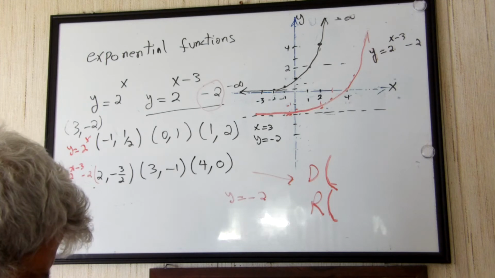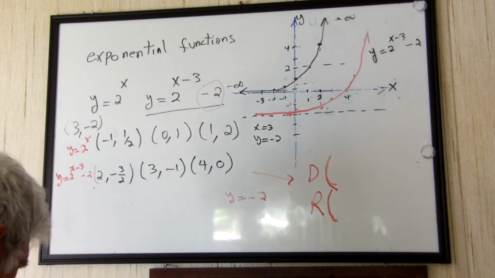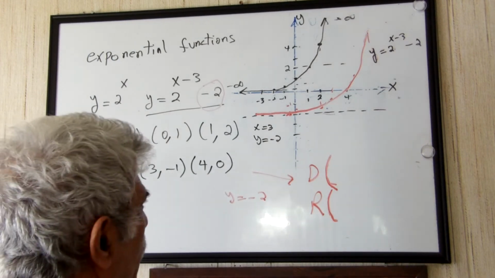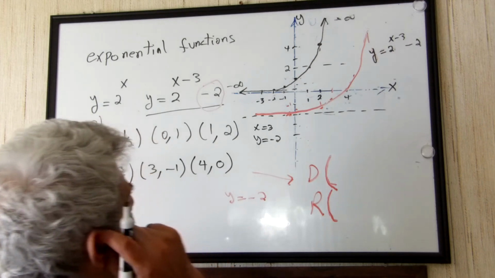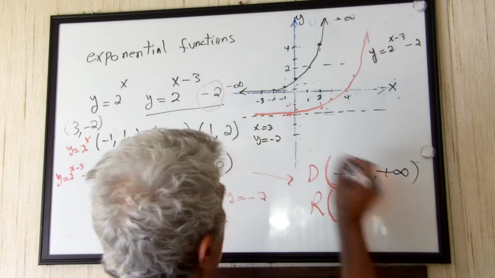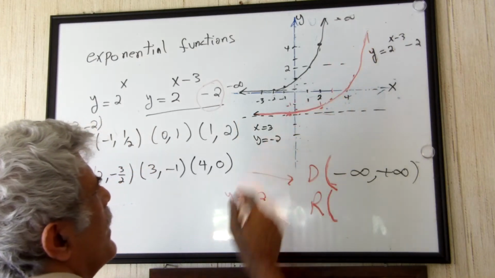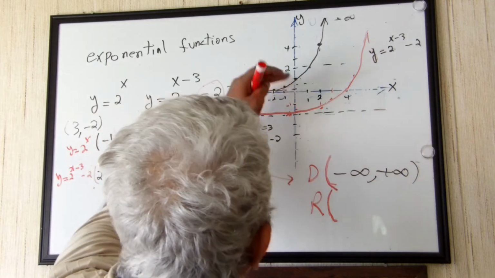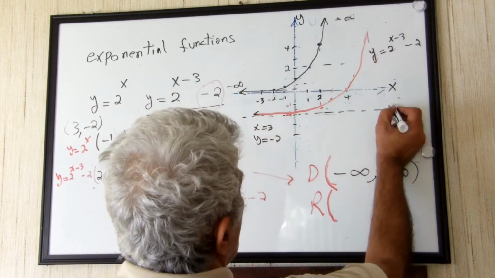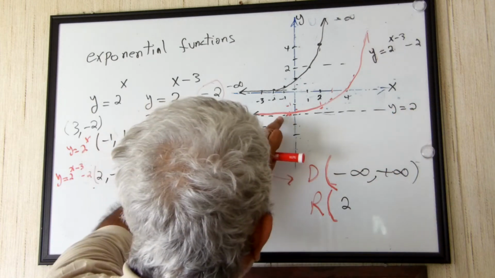So what we're going to do, we said the domain of this one is the value of x, from minus infinity to plus infinity, because going that way, all the values of x. But y just starts from here, which is y is equal to minus 2. It can't be minus 2 because it just approaches.